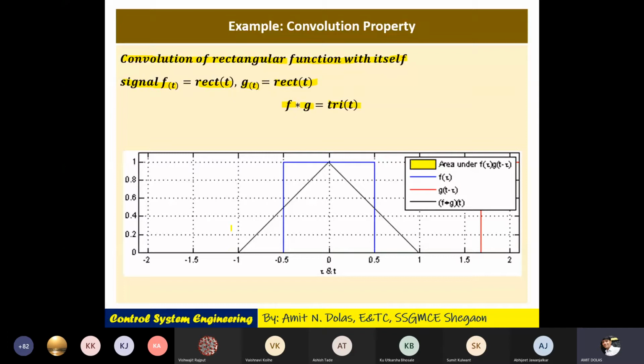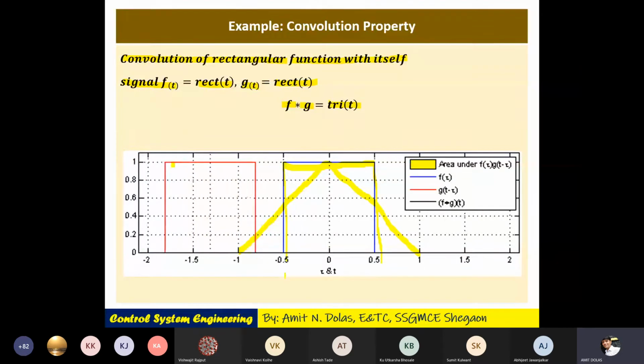You can see there is one blue rectangular waveform over which we are convolving another rectangular waveform which is moving. Whenever it comes across the blue rectangular waveform, it touches the leading edge of the blue waveform. Later on you get the area overlap, and accordingly you get the triangular waveform as the response here.